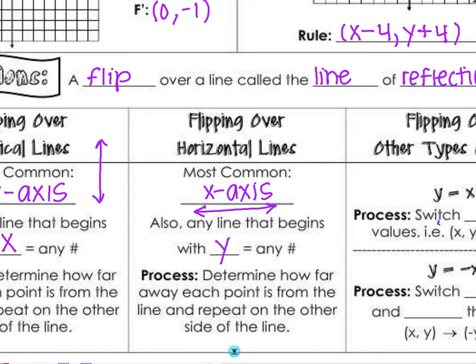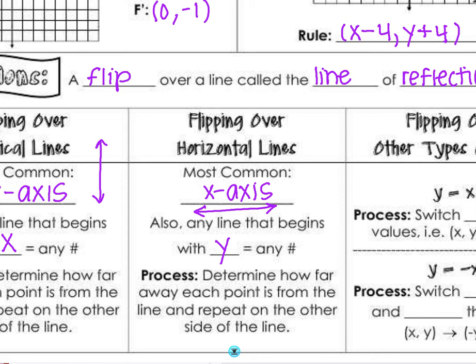Now, the next two are the hardest ones, but if you write this down and make sure to keep using it, I think you'll understand. So, flipping over other types of lines, the line y equals x. The line y equals x actually looks just like this. I'll draw a picture real quick right here. The line y equals x goes through the origin. I'll change color so you can see it a little better.